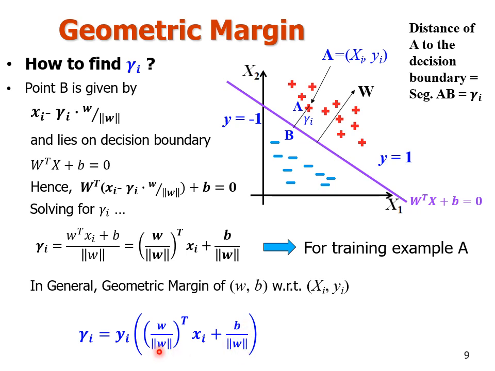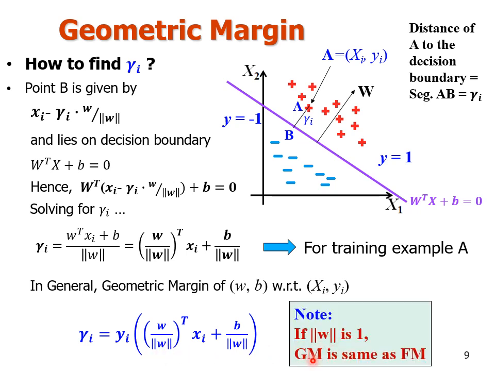If the norm of vector W is 1, then the functional margin is equal to the geometric margin. Also, the geometric margin is invariant to rescaling of the parameters.